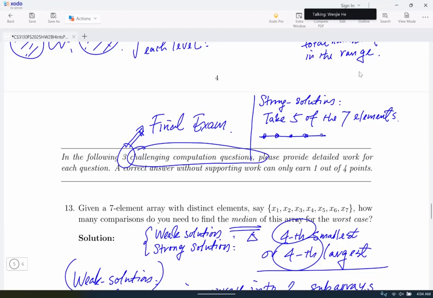Any 5, it's not important. Or for simplicity, you just take the first 5. Then, when you have 5, you find the median first. Find its median.